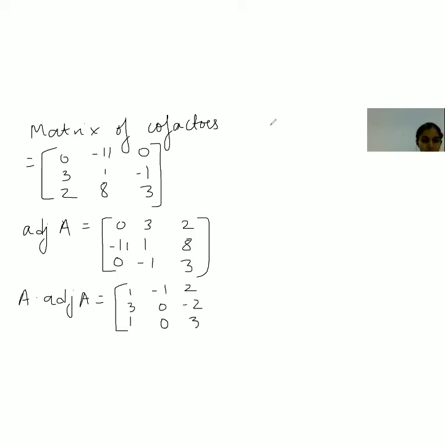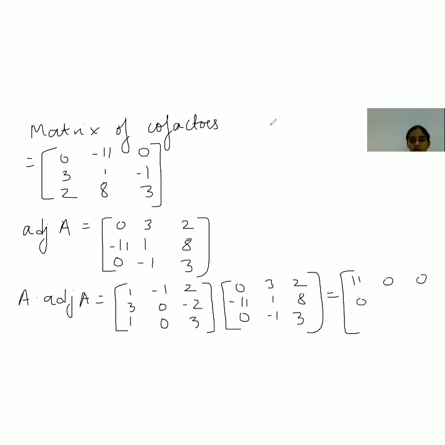This is your A matrix. Your adjoint matrix is on top. Let us put that down, and 0, minus 1, and 3. When we multiply the two matrices, the answer we get is 11, 0, 0, 0, 11, 0, and 0, 0, 11. Okay, this is A into adjoint of A.